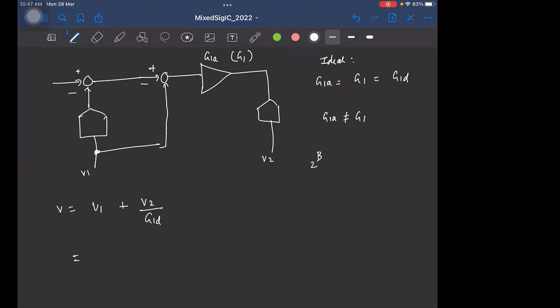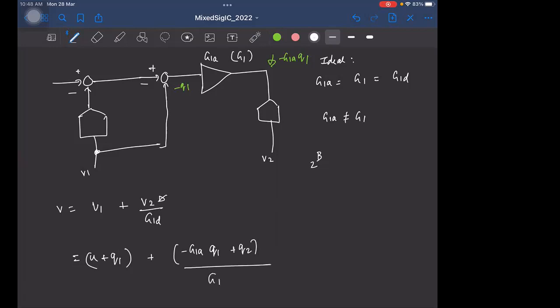So V1 is Q plus Q1. V2 is the input at this point, so this here is minus Q1. So this should be minus G1A times Q1, the input, plus the quantization noise, that is V2, divided by the digital gain.